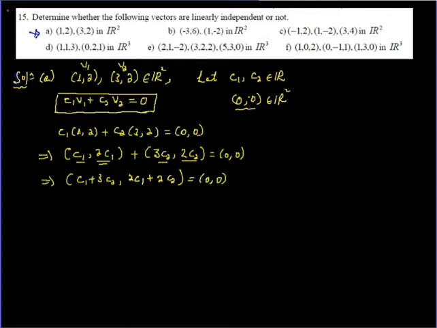By comparison, these two vectors are the same, so the first entries are the same, so c1 plus 3c2 is equal to 0. Similarly, the second entry is the same, so 2c1 plus 2c2 is equal to 0. This is a simultaneous equation of two variables.